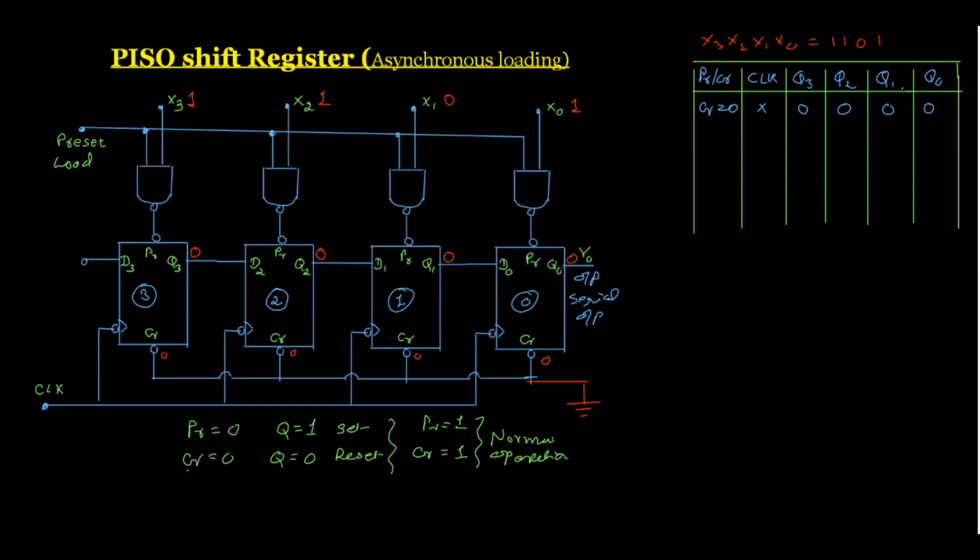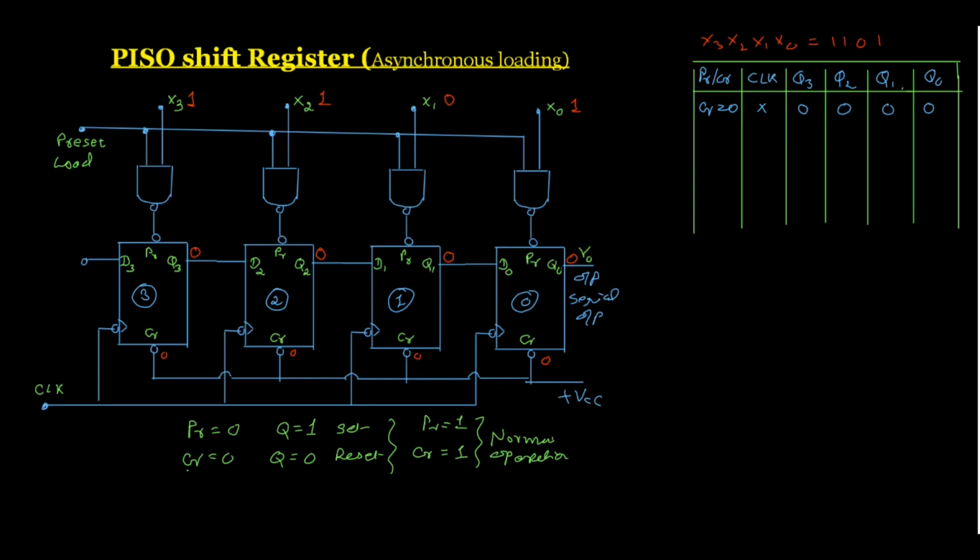Now the second step: you have to remove the ground from this clear and connect it to plus VCC.